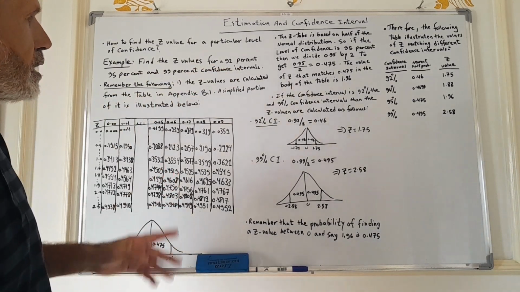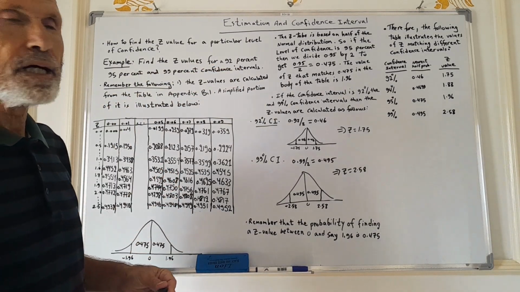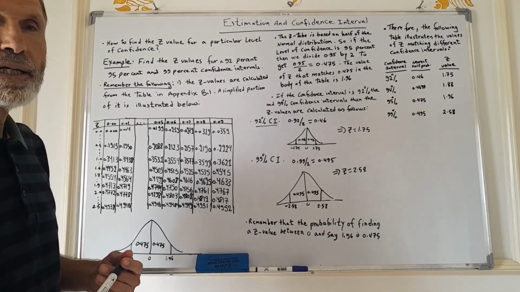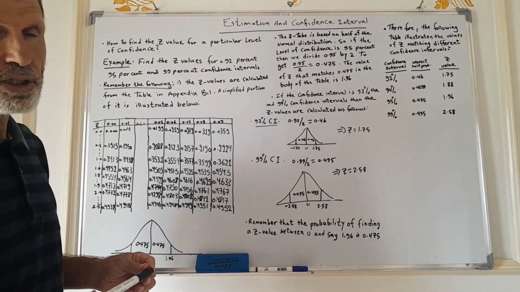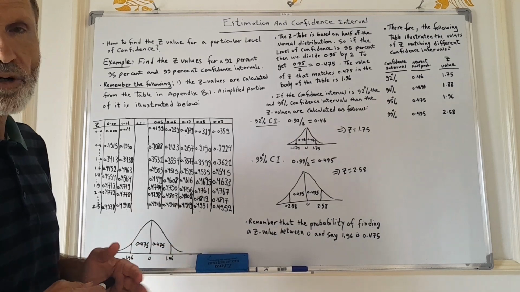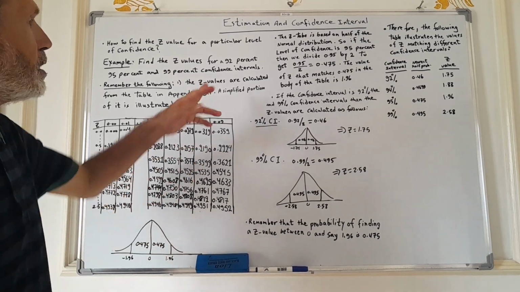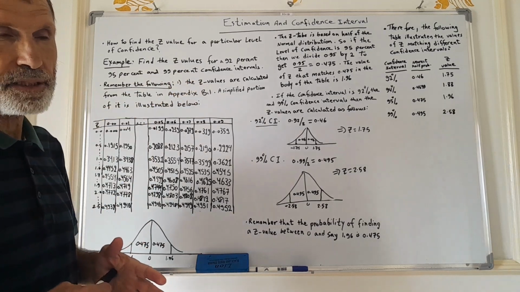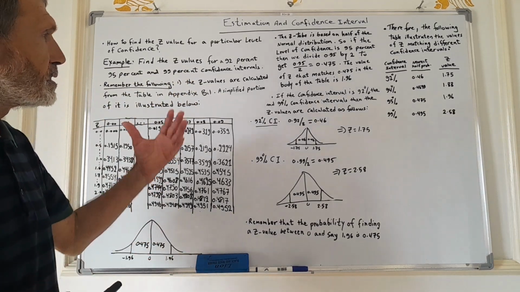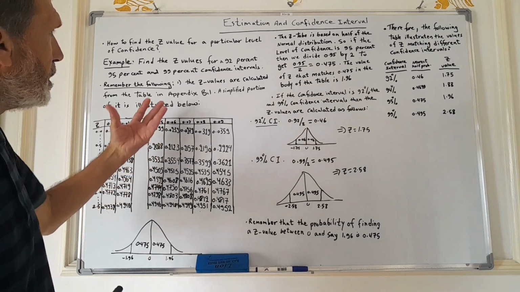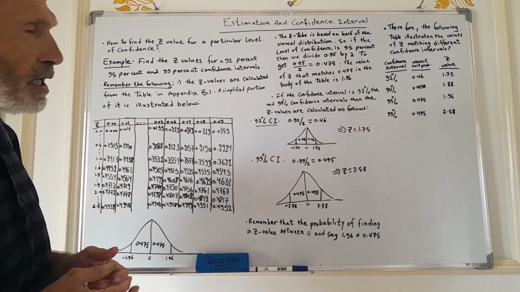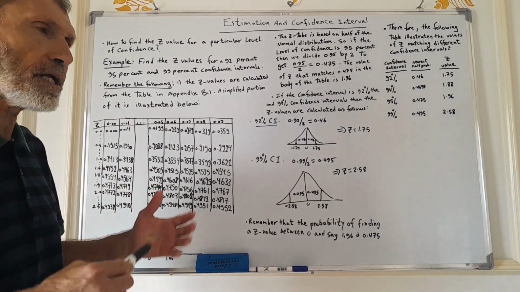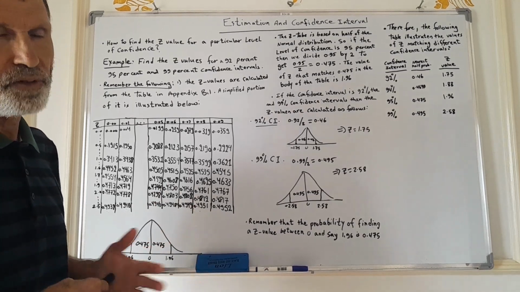Here we're going to give an example of how to find the z-values for different levels of confidence, namely 92%, 95%, and 99%. Of course, once you know how to find these z-values, you can apply it to any other confidence interval.